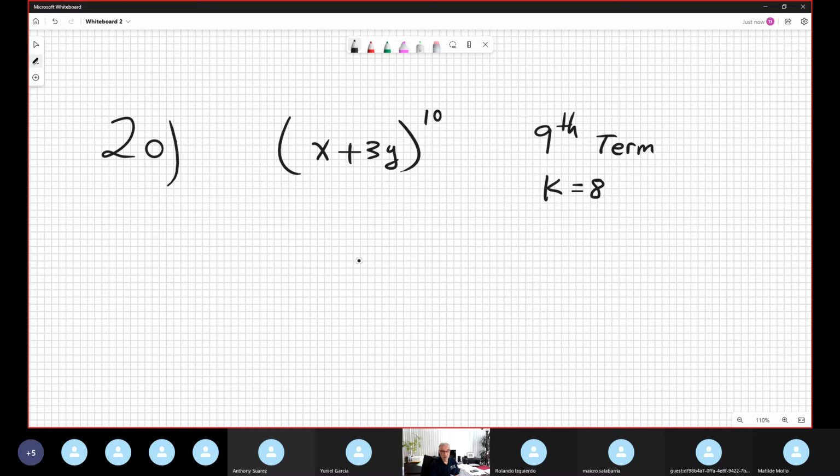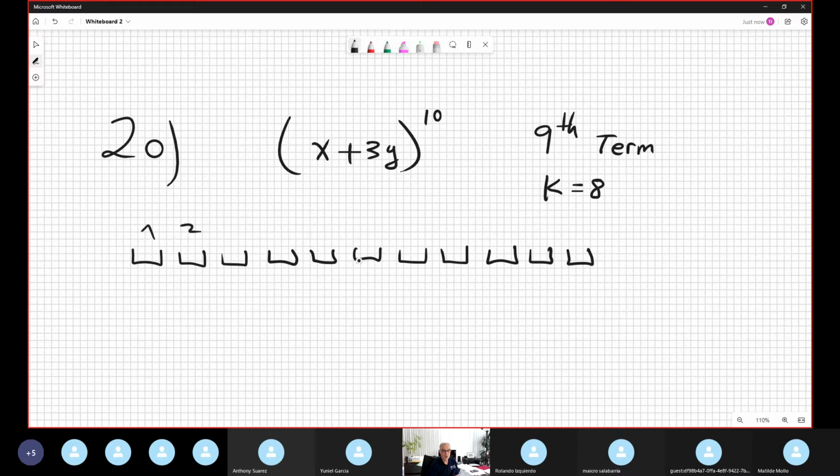Do you understand this idea clearly or not? When you expand this, you have 1, 2, 3, 4, 5, 6, 7, 8, 9, 10, and 11 terms. However, I want the 9th one, and this is 10 and this is 11.